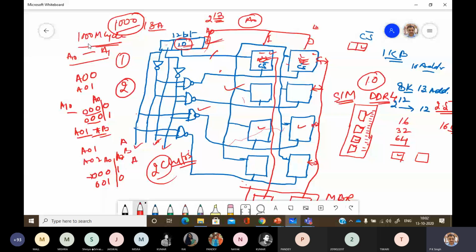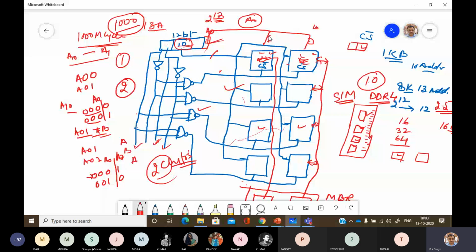Now see how we distinguish that. If you have to read, we have to read a byte from an even memory bank. We have to read or write a byte from an odd memory bank. We have to read a word starting from an even memory bank, and we have to read a word starting from an odd memory bank.